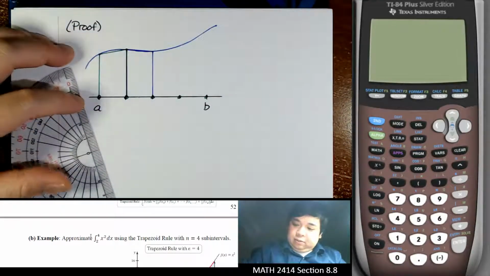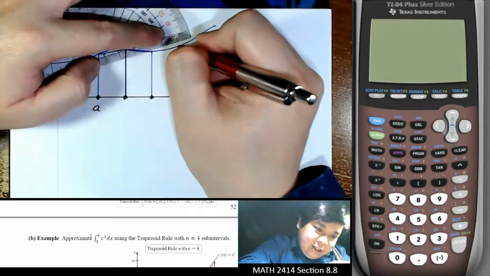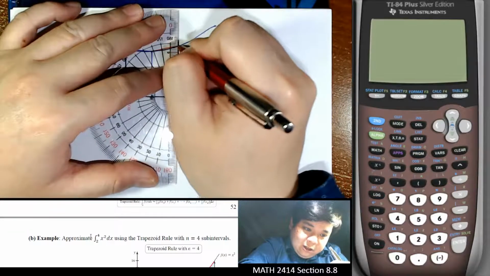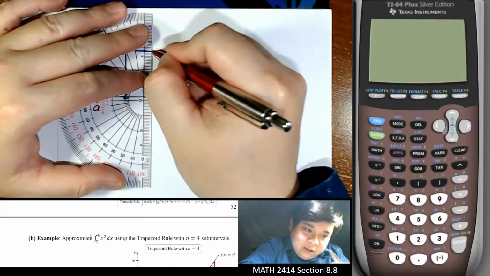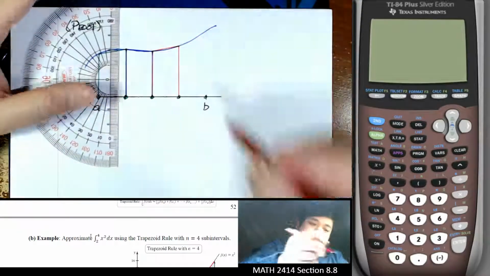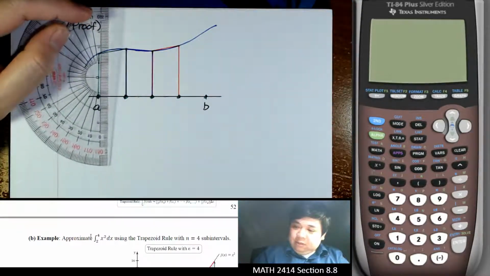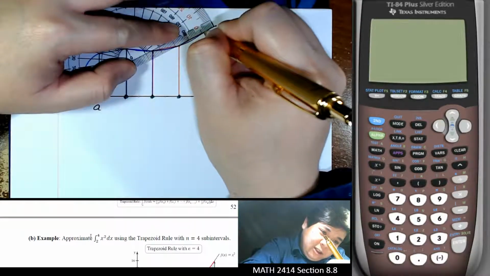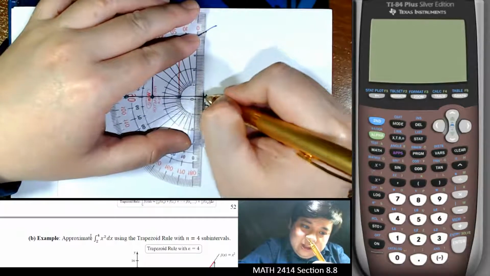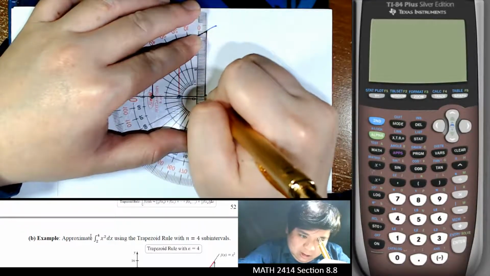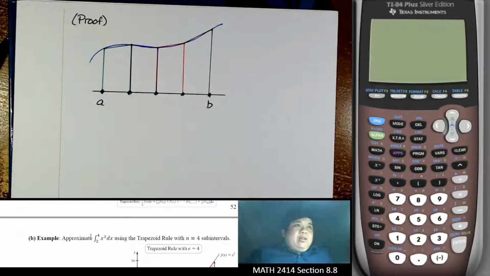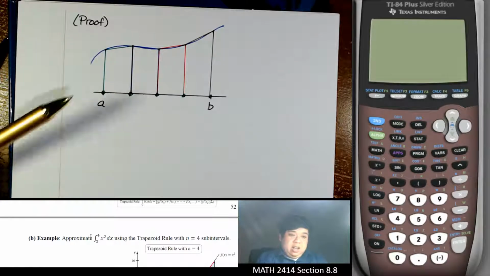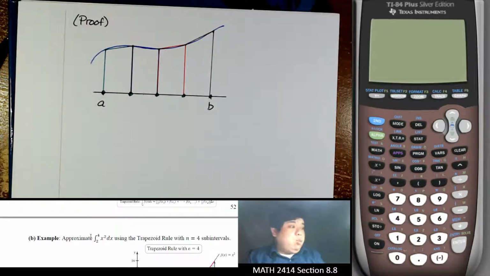A trapezoid. Trapezoid. And there's a trapezoid. Right. So each one of them is a trapezoid, and of course you see the trapezoid seems like a better approximation than the midpoint rule we had earlier.